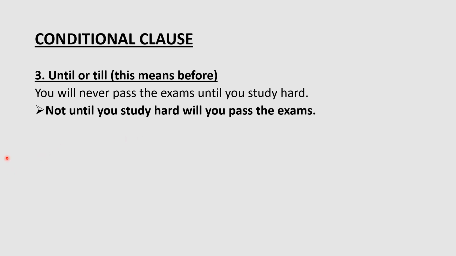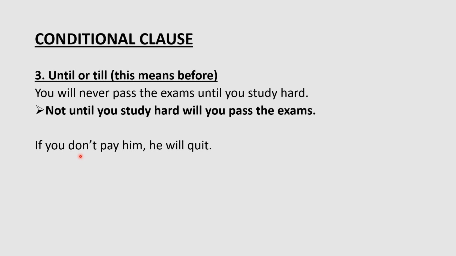Let me take it slow. If you don't pay him, he will quit. If we want to write this using not until, how can we rewrite it? There's a situation here. The condition is someone has to get paid, and what's going to happen if he's not paid? He will quit. If we want to use after, it will be: after you pay him, he will not quit.